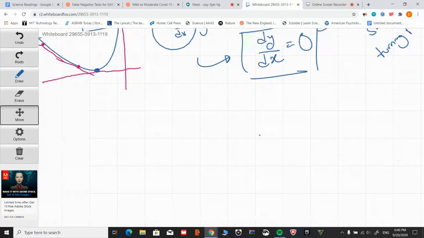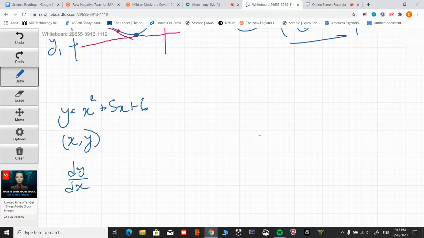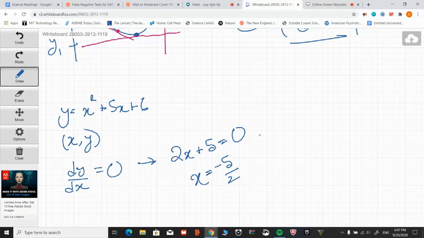So for example, if you tell me y is equals to x squared plus 5x plus 6, what are the coordinates of the turning point? What we need is an x coordinate and a y coordinate. So the idea is at the turning point dy by dx equals to 0. So let's differentiate it: 2x plus 5 is equals to 0. So x is equals to negative 5 by 2.